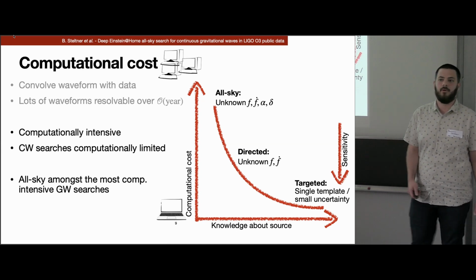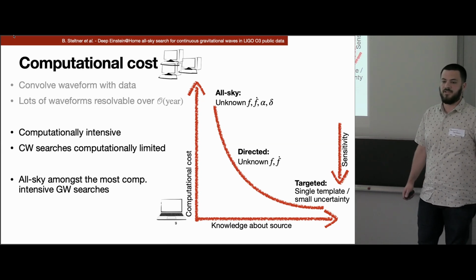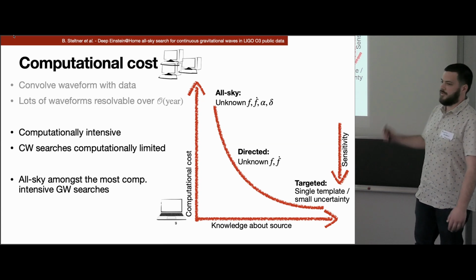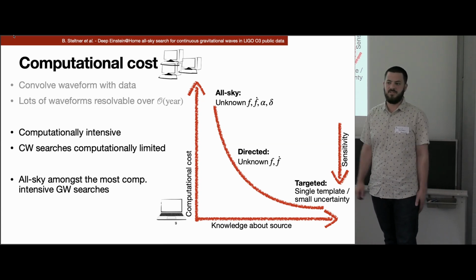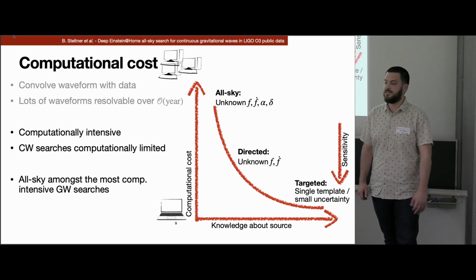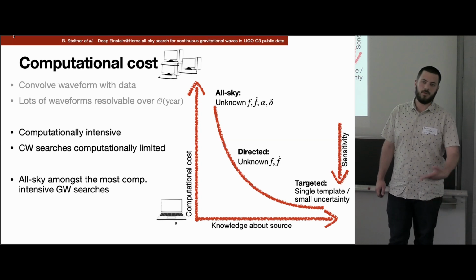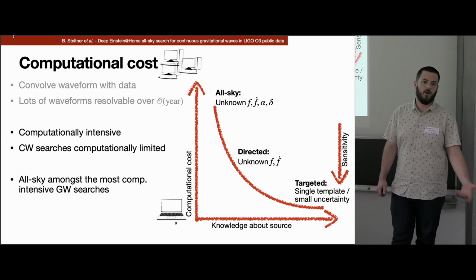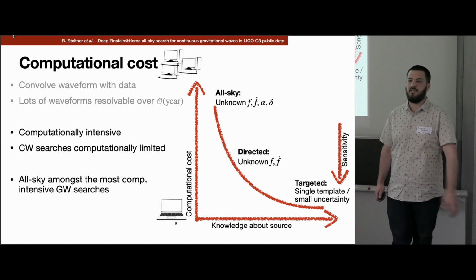And in the end, if we don't know anything about our sources, so it's anywhere in the sky, any frequency evolution, this is quite expensive. We need computer clusters, etc., and it's the least sensitive search. Let me just highlight that in this talk, I'll talk about isolated sources, so neutron stars without a binary companion, because this would add orbital parameters, which would make it even more expensive and thus less sensitive.